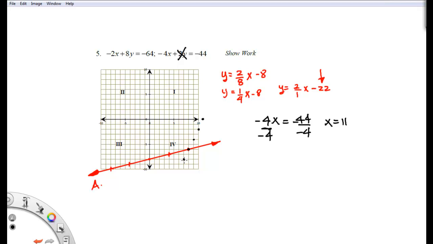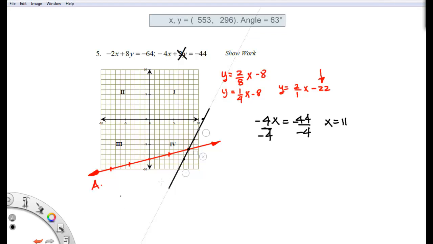I counted that wrong, didn't I? Down 2 over 1. There's the line for B. So kind of tricky, isn't it? So I can start there and go there. There is the equation for B.